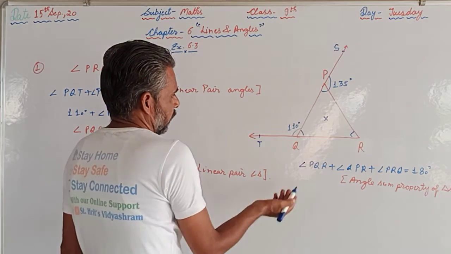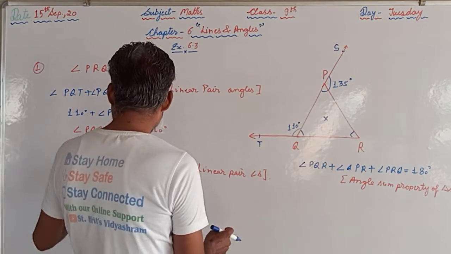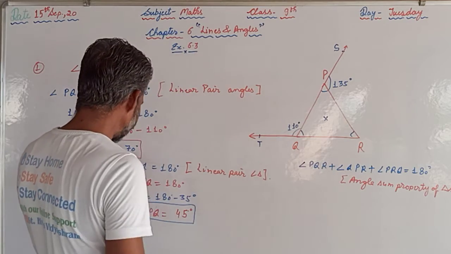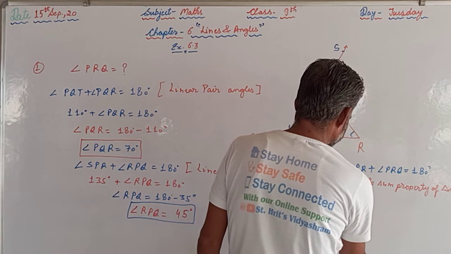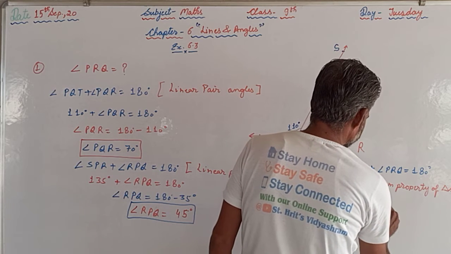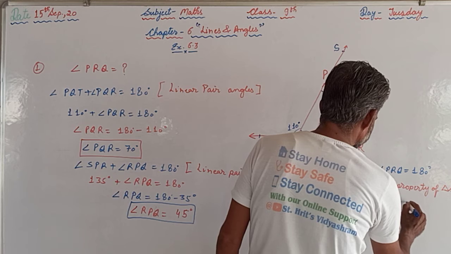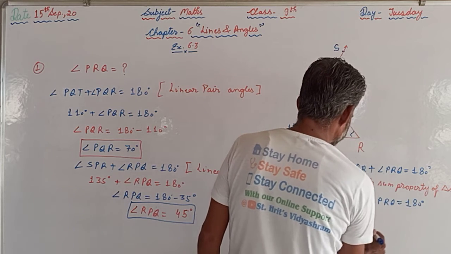So now angle PQR is given 70 degree and this is 45 degree. 70 degree plus 45 degree plus angle PRQ is equal to 180 degree.